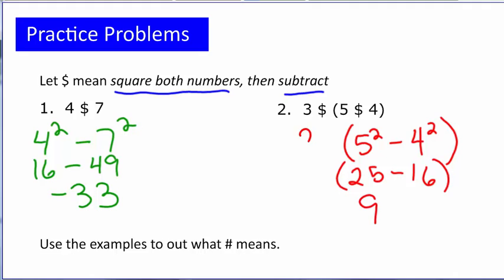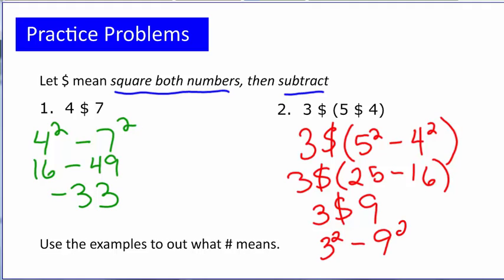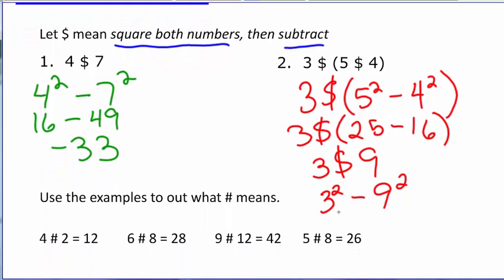So now I need to perform this one more time. I'm going to square 3 and subtract 9 squared. So 3 squared is 9, and 9 squared is 81. 9 minus 81 is a negative 72.